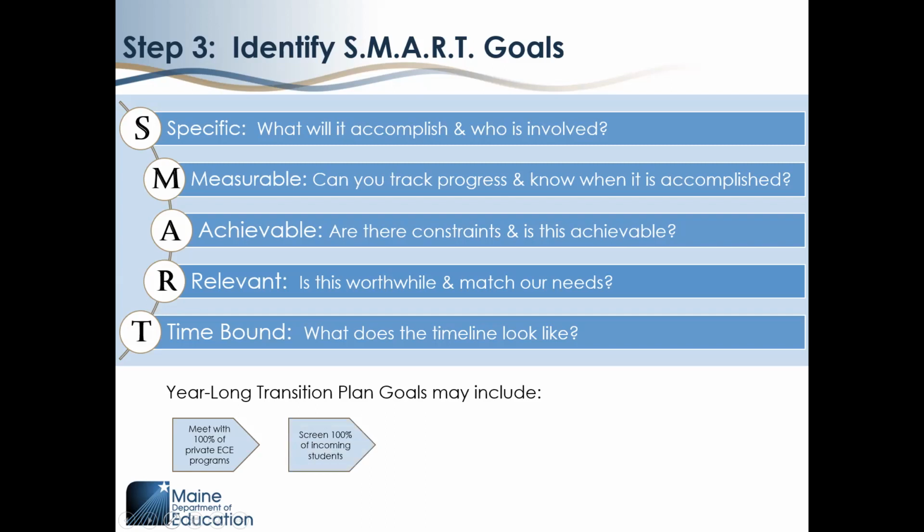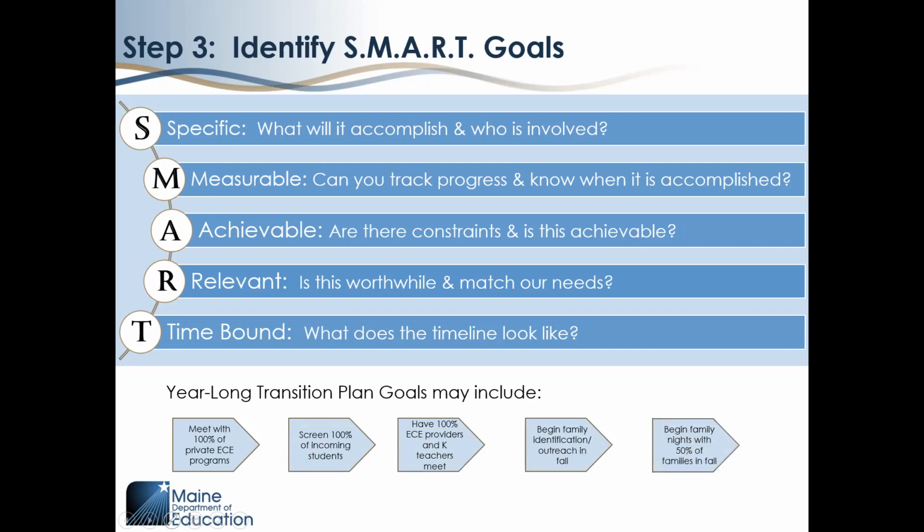It could be screening 100% of incoming students prior to kindergarten starting, or having 100% of your early childcare and education providers and kindergarten teachers meet together. Beginning family identification and outreach in the fall could be a goal, and that would be the timeline. And then it could be beginning family nights with 50% of all families in attendance in the fall. The percentages of the people and families that you want to reach out to need to be realistic and achievable. And if you're starting in the fall, 50% may be achievable in your school.